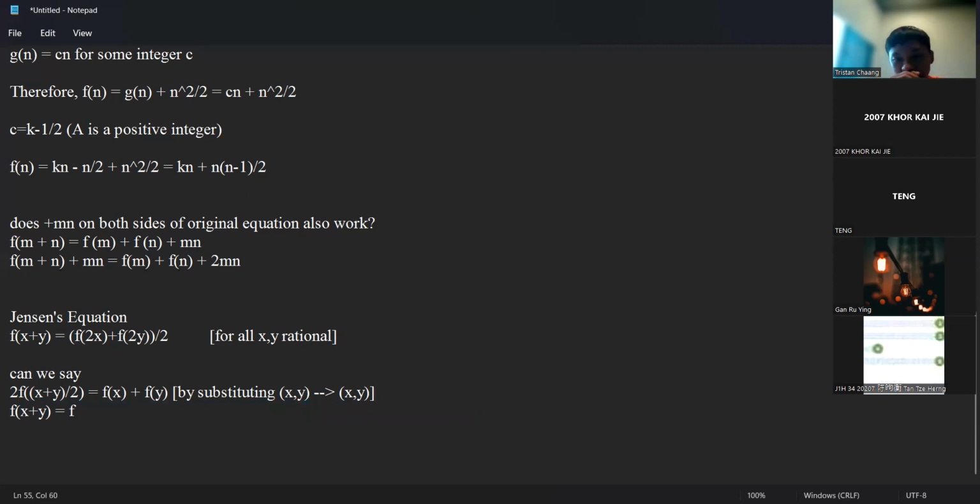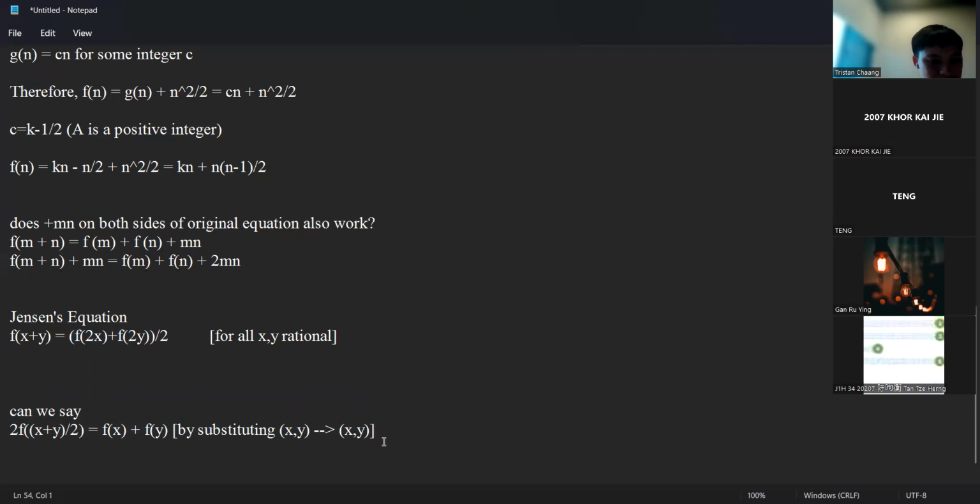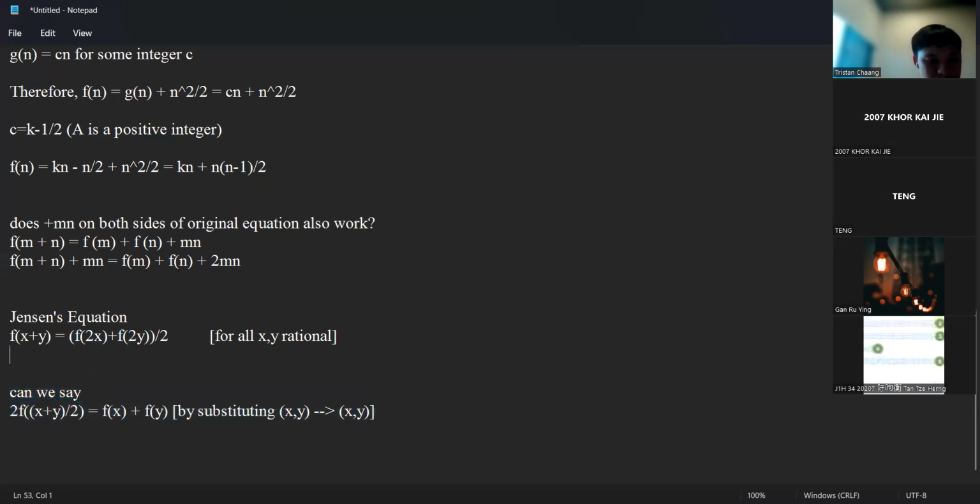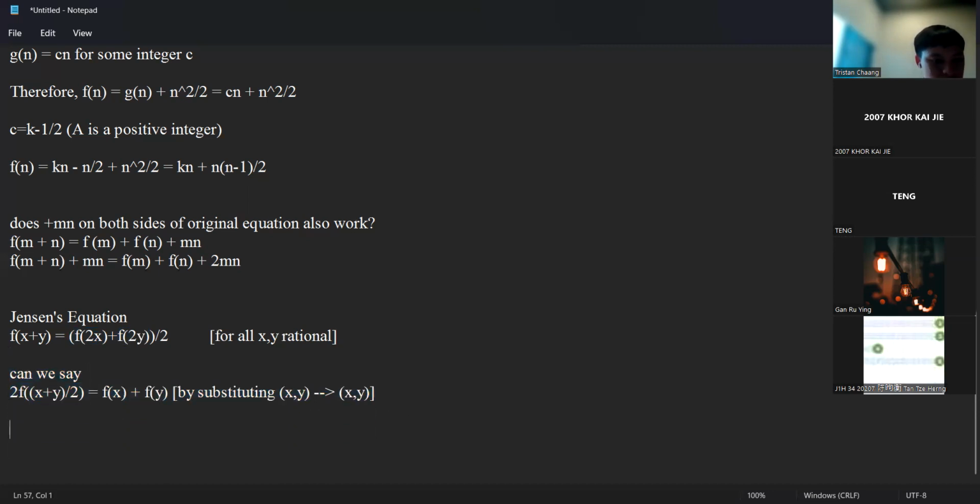But someone gave another clever substitution, which I will not spoil first. Let's see how we can get that substitution. What we want is the right hand side to be fx plus fy instead.